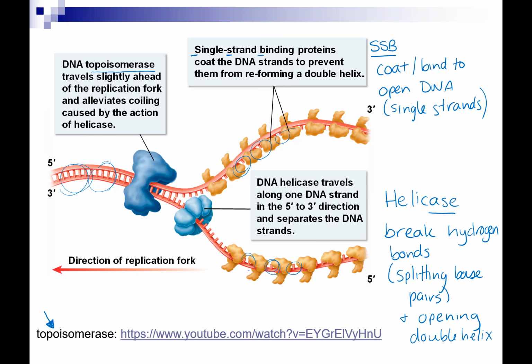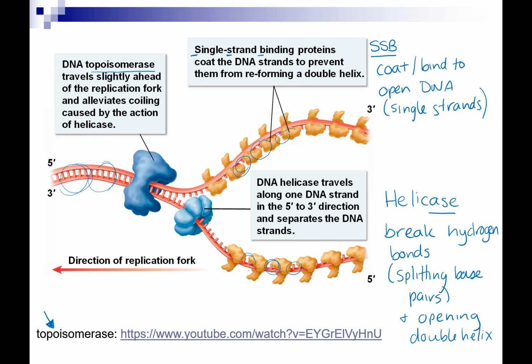The video shows you the idea that if you took two pieces of a rope and started splitting them apart, right? So you have a rope that's twisted around each other, you split it apart. As you're splitting it apart, the part that's still wound up is getting tighter and tighter and tighter, right? Because it has this strain of you opening up that twist.